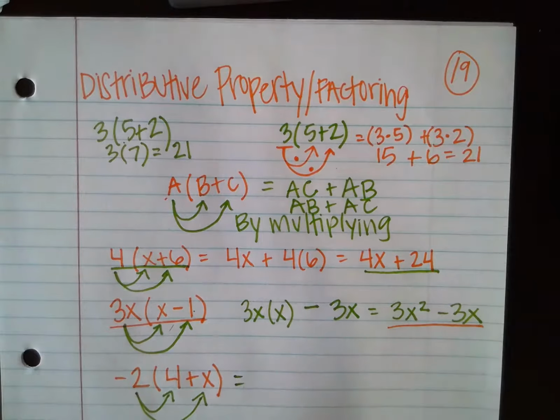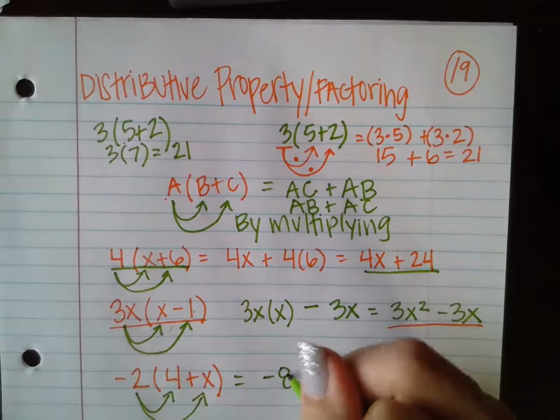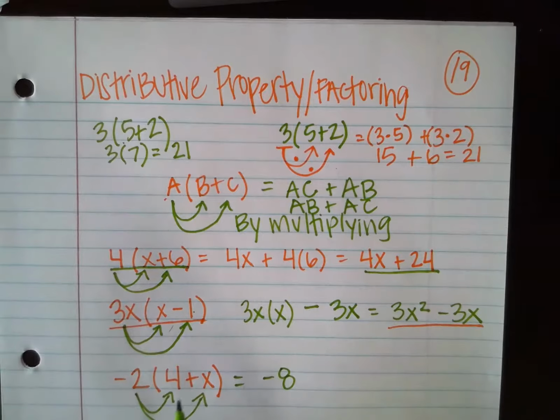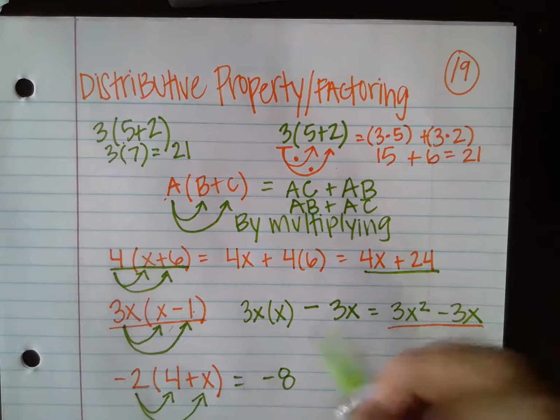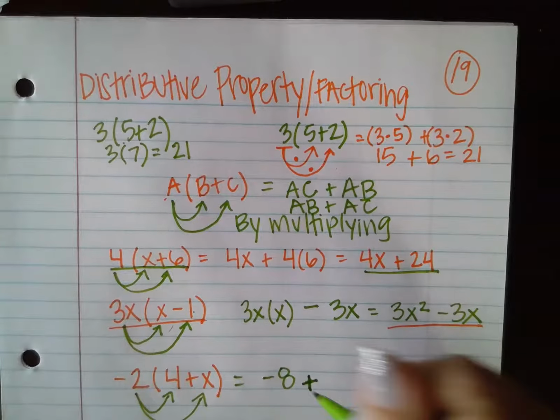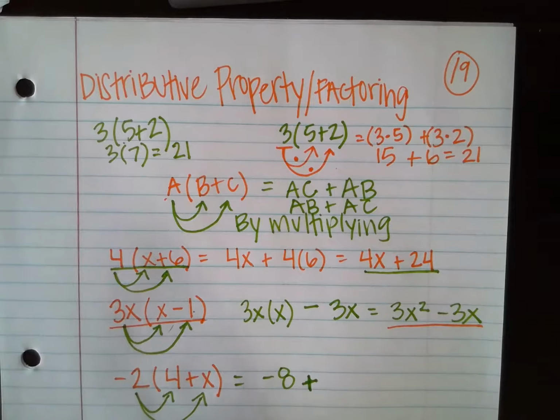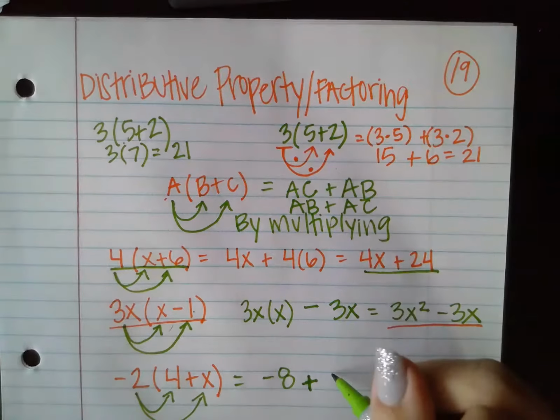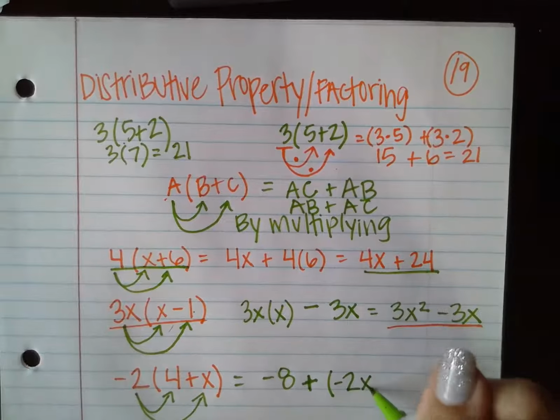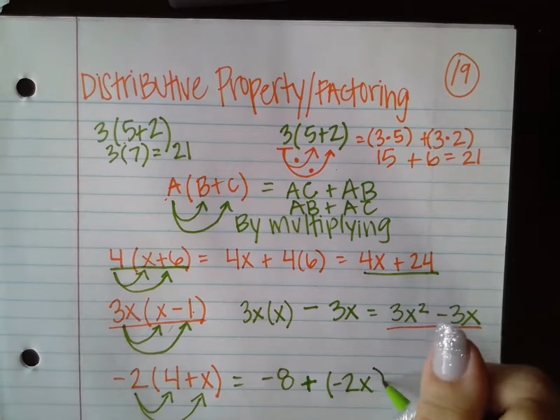So if I do this, negative 2 times positive 4 is negative 8. And now, before I write my plus sign, I'm going to distribute this negative 2 to x. And so the way that I'm going to write this is negative 2 times x, or negative 2x.